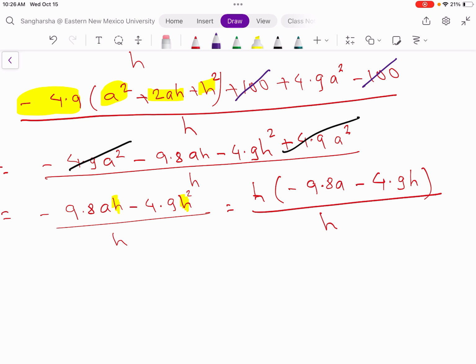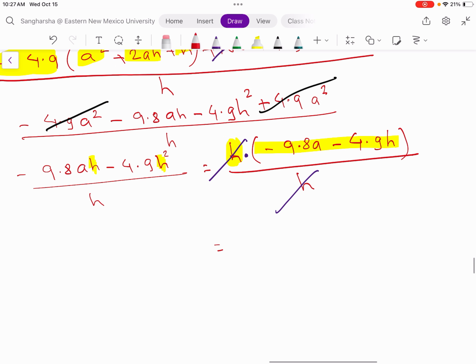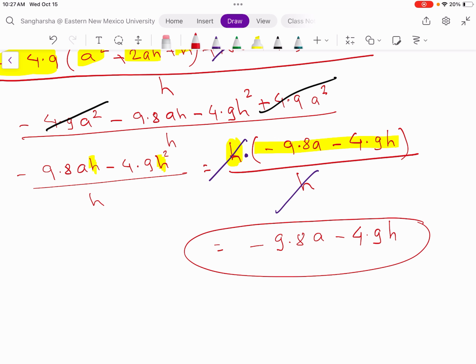So this is one expression, this is another expression, and in between these two expressions we have a product. Now we can cancel this h and this h, so the remaining expression is our final answer: negative 9.8a minus 4.9h. So this is the difference quotient for the given f function.